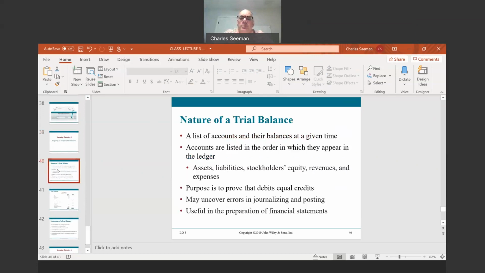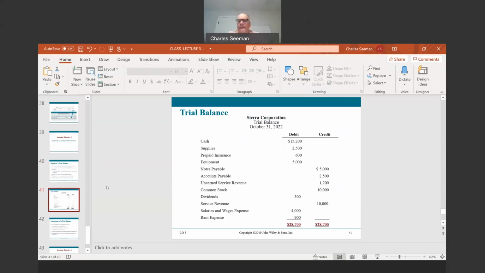Its purpose is that it may uncover errors in journalizing and posting, and it is useful in the preparation of financial statements. So that's what a trial balance is like. We're going to actually go through and prepare one of these in a couple of seconds.